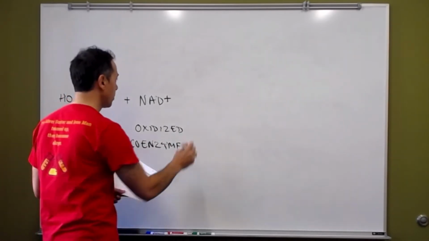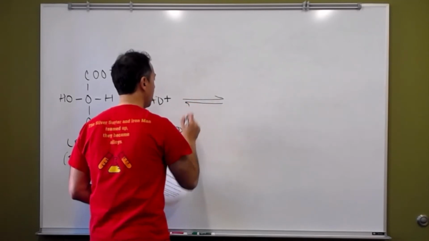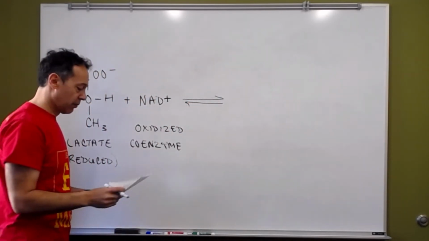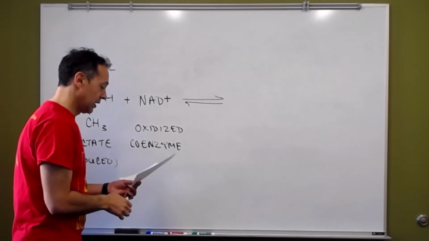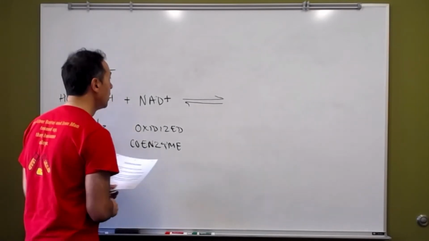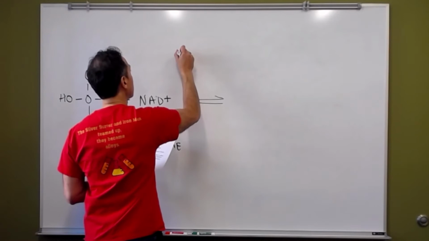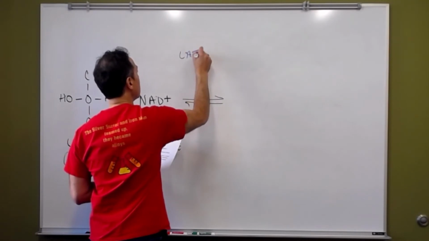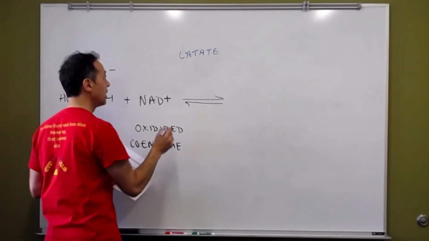So what's going to happen here? We're going to have a chemical reaction that will be catalyzed by an enzyme. In this case, the enzyme is going to be lactate dehydrogenase. That's a mouthful.